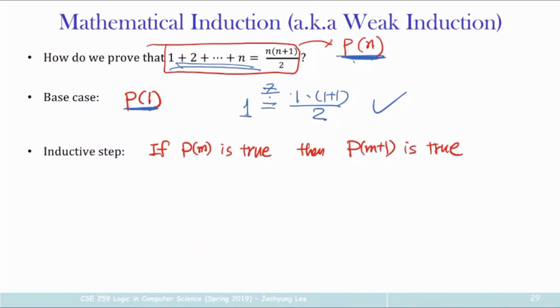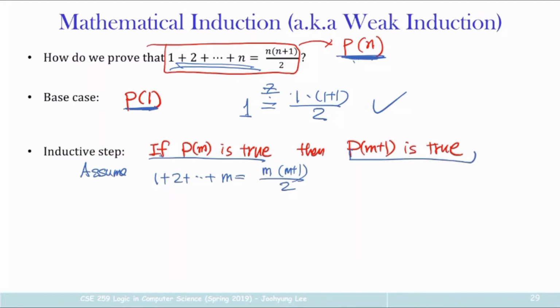Now, for the inductive step, we are going to assume that this is true. Assume 1 plus 2 plus up to m equals m times (m plus 1) over 2. Don't ask why, because that's not your job. This is what you assume to be true. Now, what you have to prove is the goal.